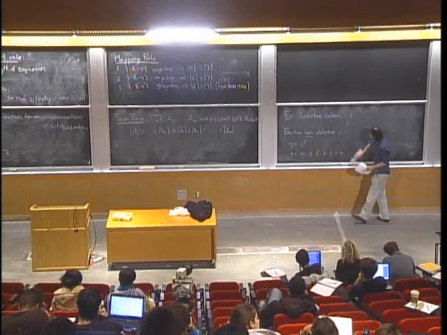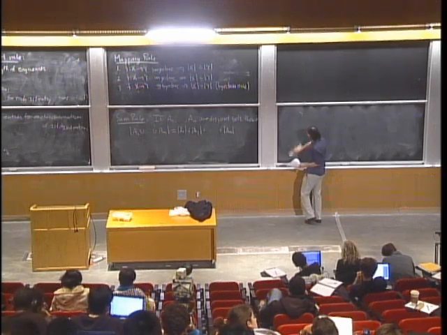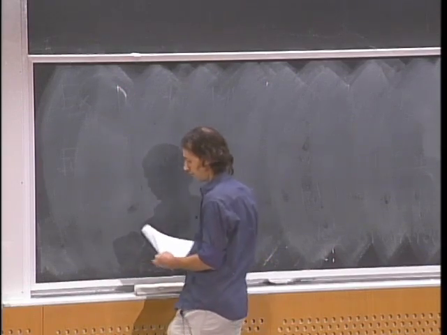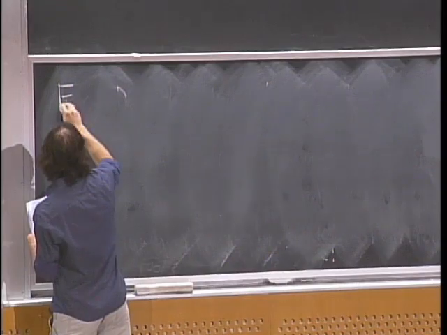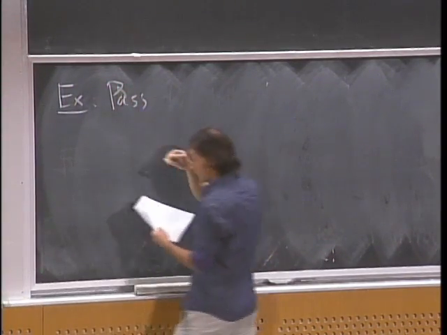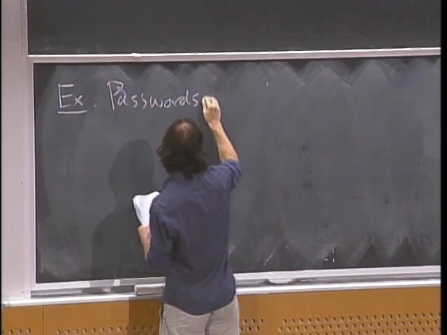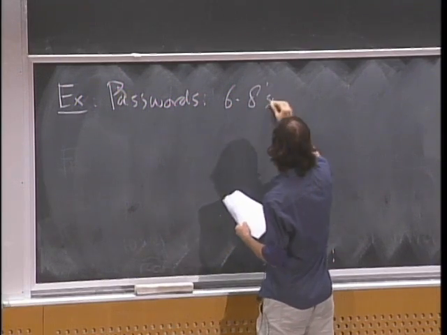So in our last example here, we have that passwords have the following properties. They are 6 to 8 symbols. So that's property 1.